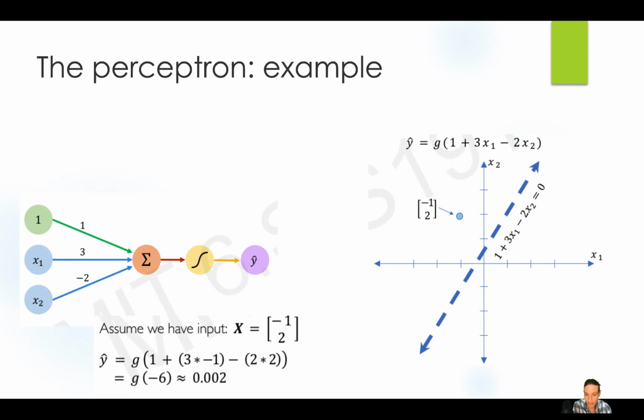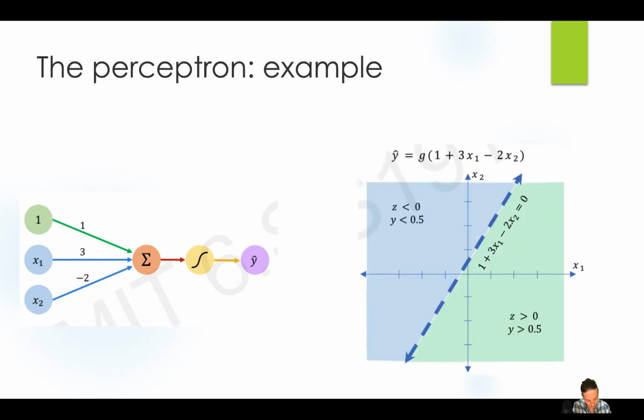If we have an input x that is minus 1 and 2, we can fill this in the equation, we just plug it in, and we calculate that it is minus 6. Okay, so here is again the point if we add it to our 2D graph. Now, if we apply the sigmoid function to it, we actually get 0.002, so we get our probability.